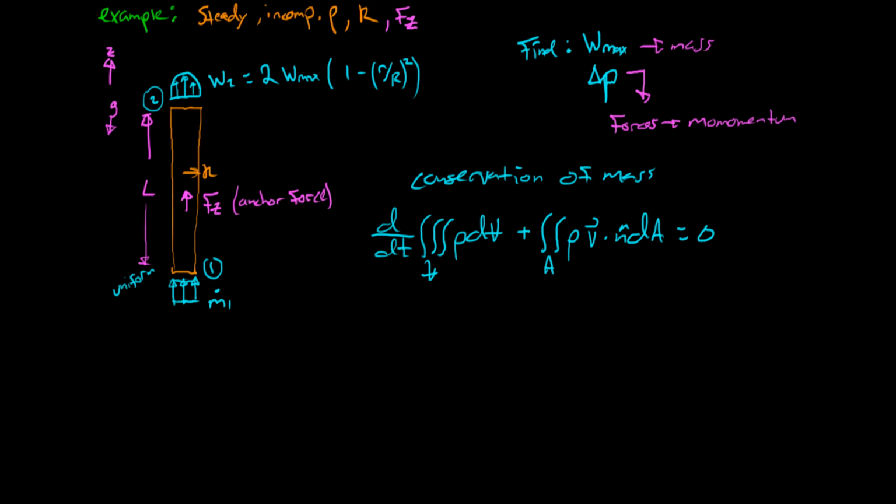We've got a couple simplifying assumptions here. We're told that it's steady. That lets us get rid of this term here, since it's now equal to 0. And we're told it's incompressible, so density pulls out of the integral and can divide away. So now we have to deal with this, which we can't do until we define a system.